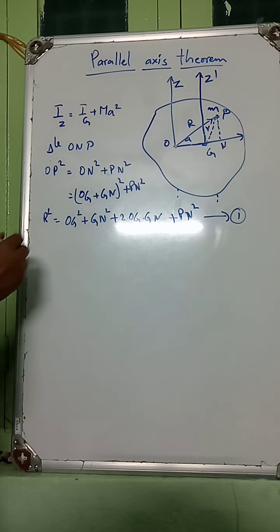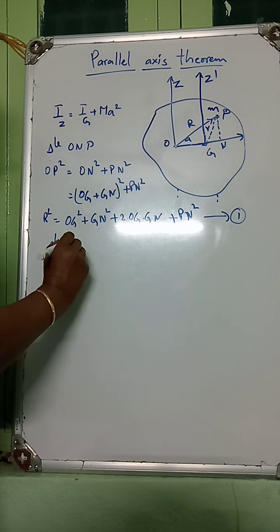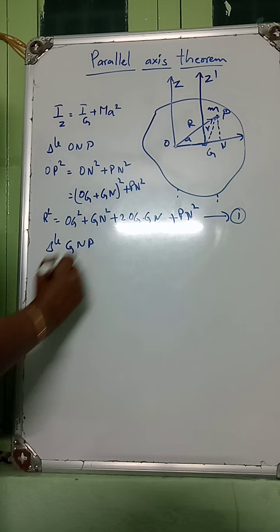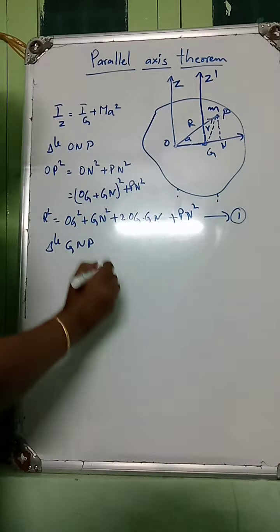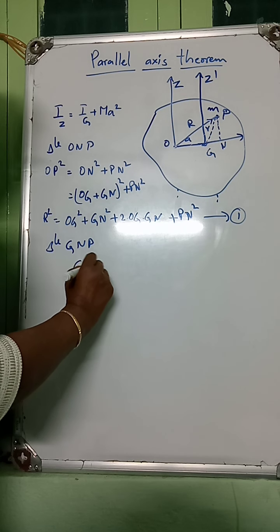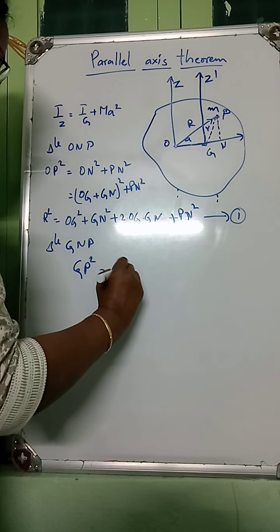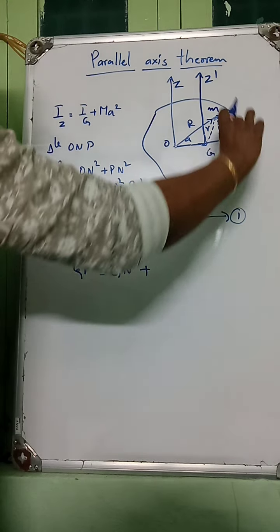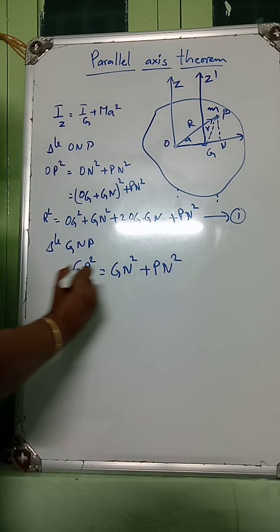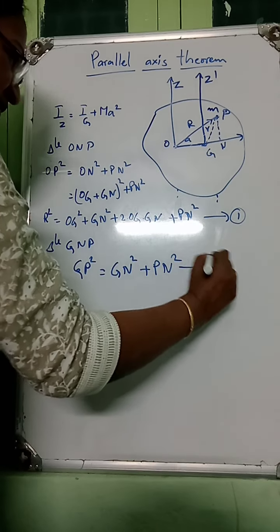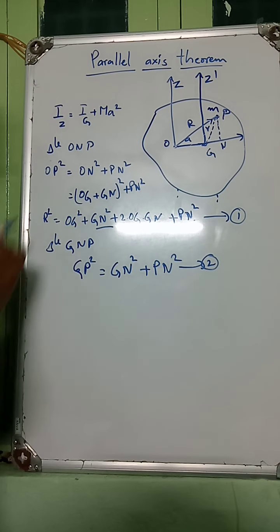Now take another triangle. From the triangle GNP, again apply Pythagoras theorem. This is diagonal GP. GP square is GN square plus PN square. Substitute this value in equation 1. Instead of GN square and PN square, write GP square.